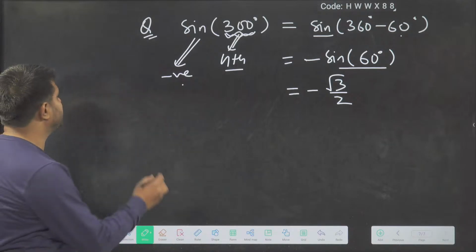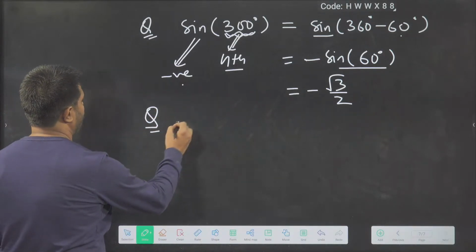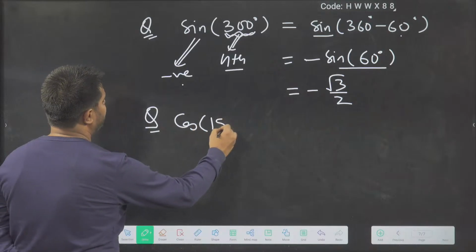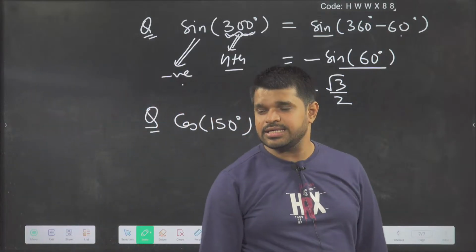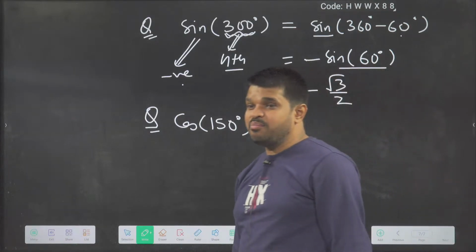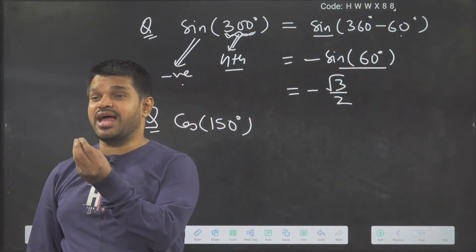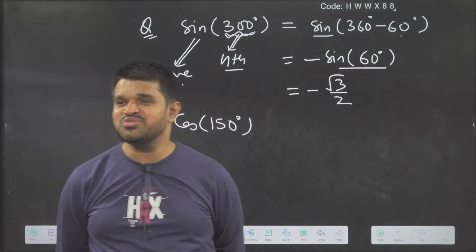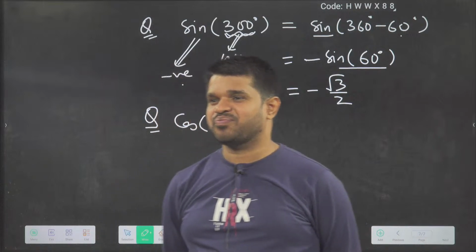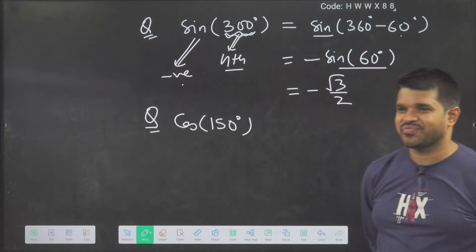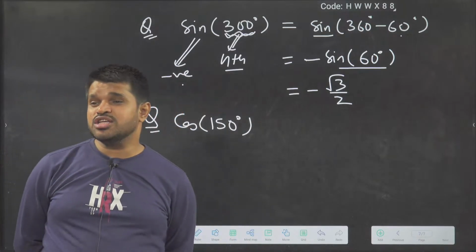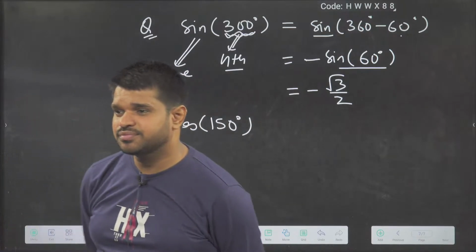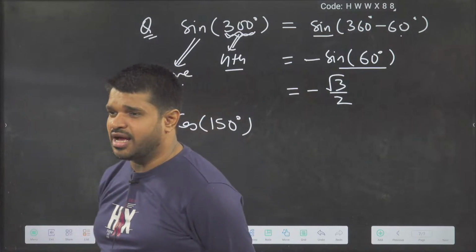Okay, do this. Cos 150 degree. Yes, it is easy because that is being taught to you in a very nice manner, na? That's why it has become easy. Cos 150 degree. Dragon Beresk has answered.